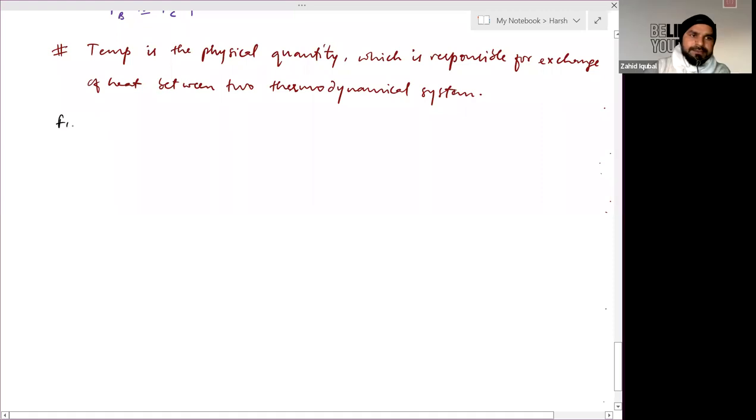Next is the first law. First law mainly depends upon conservation of energy. You must have learned about it in earlier class also.